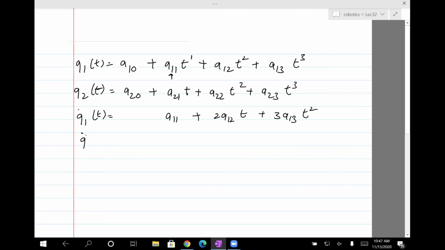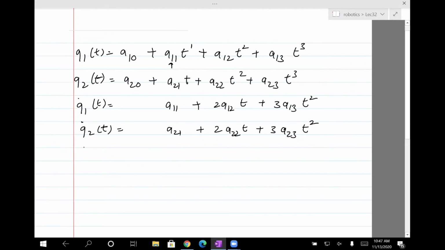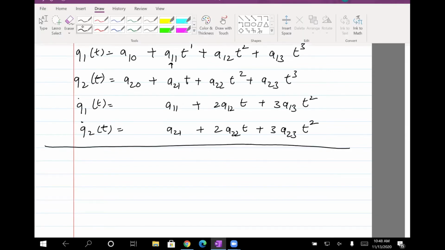Then q2 dot of t equals a21 plus 2 a22 t plus 3 a23 t square. Okay, so that's the 4 equations, but now I need to get the 8 conditions.